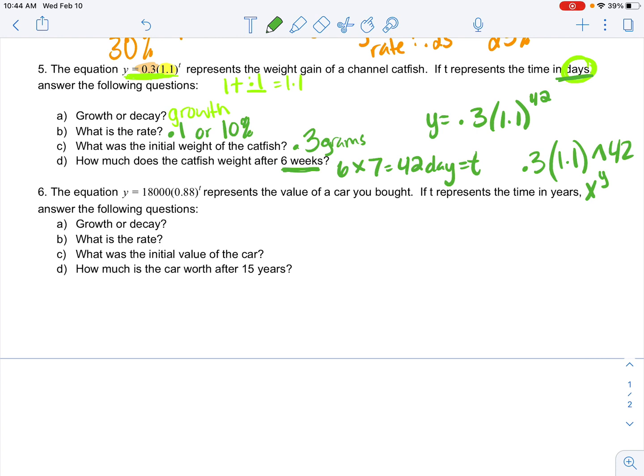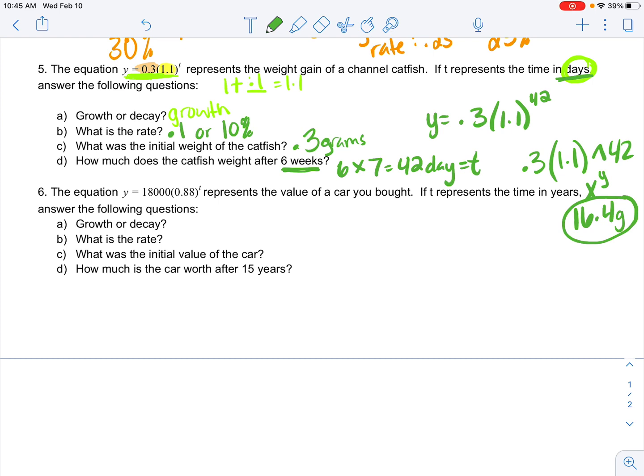Make sure you're plugging this in with me and you get the same answer. If you're not getting the same answer, you need to be emailing me and letting me know what happened. When you plug this in, you get 16.4 grams. That's how much the catfish would weigh after 42 days or 6 weeks.